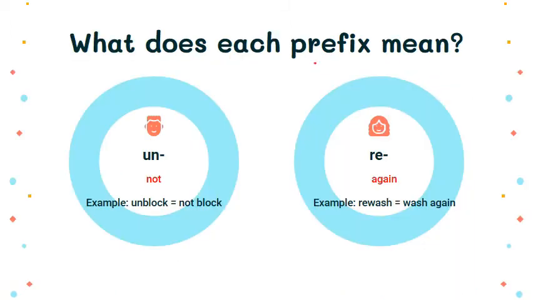What does each prefix mean? The prefix un means not. For example, unblock means not to block. The prefix re means again. For example, rewash means wash again.